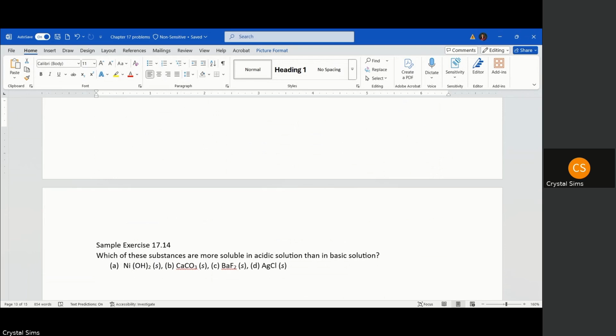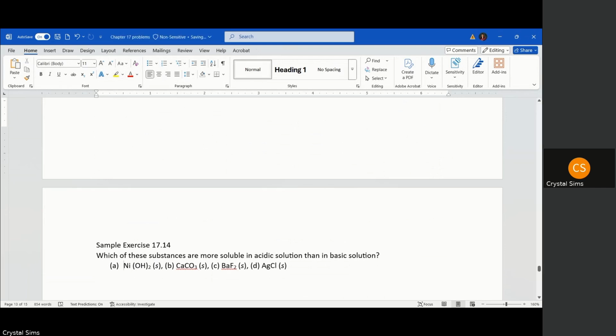Well, if we look at the first one, Ni(OH)2, well, yes, we know hydroxide is a basic anion. So the nickel hydroxide there is going to be more soluble in an acidic solution. So yes, this first one is.